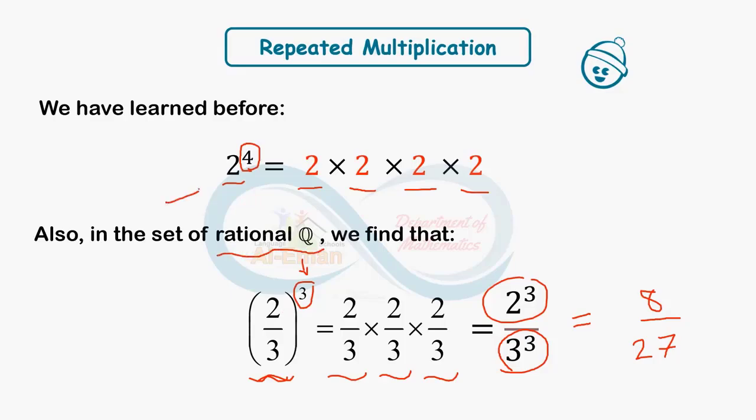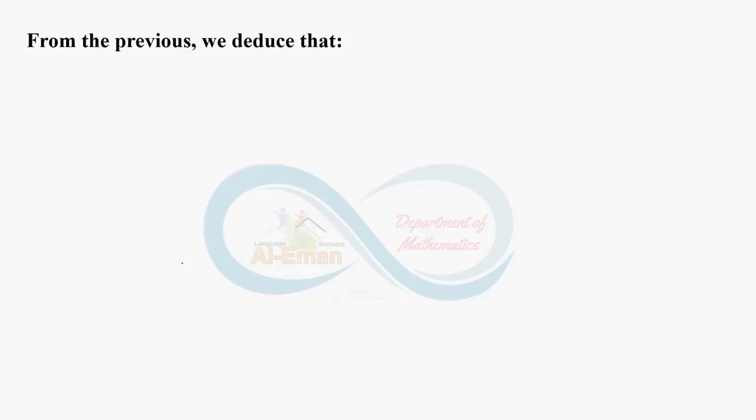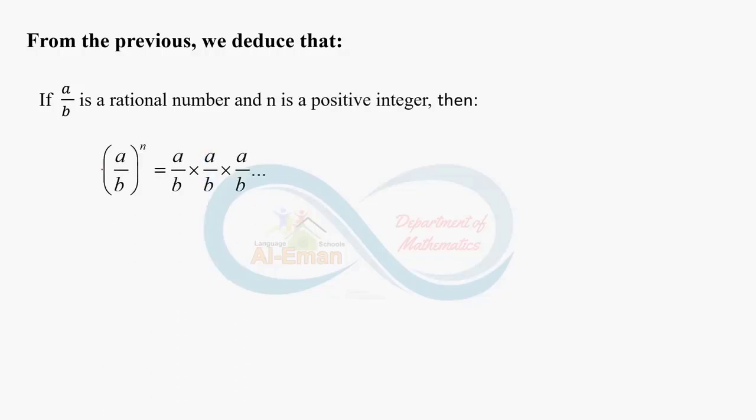In the previous example, we learned how repeated multiplication works in the set of integer numbers. And this example shows us how repeated multiplication works in the set of rational numbers. From the previous, we deduce that if a over b is a rational number and n is a positive integer, then a over b all to the power n equals a over b times a over b times a over b, and so on n times.